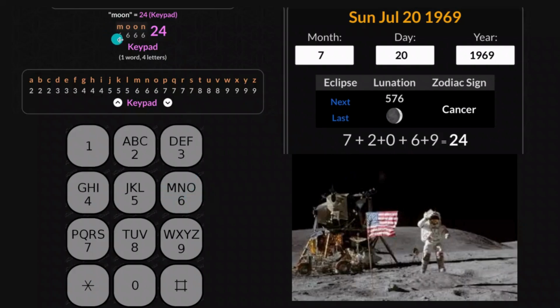Okay, and of course, when you add 6 times 4, that equals 24. So if you want to type out the word moon, you get 24 in the keypad. Okay. And of course, the moon landing happened on 24 date numerology and in lunation 576, which is 24 times 24.